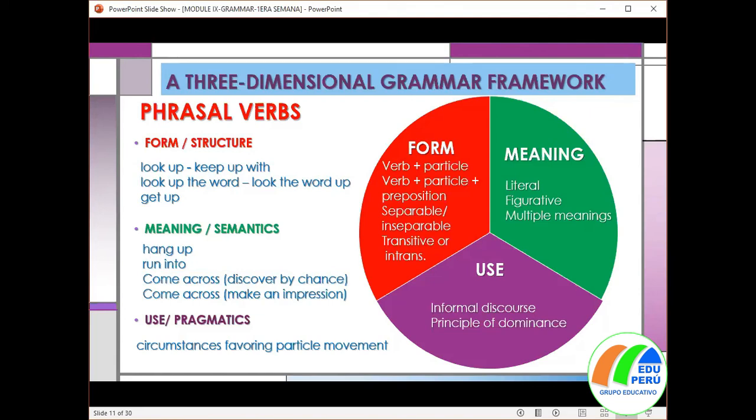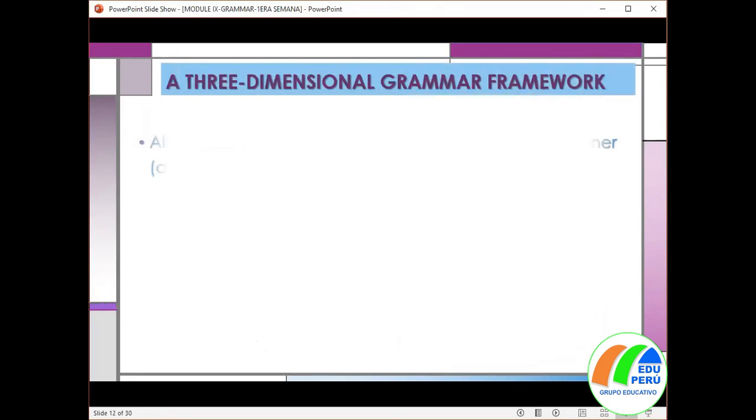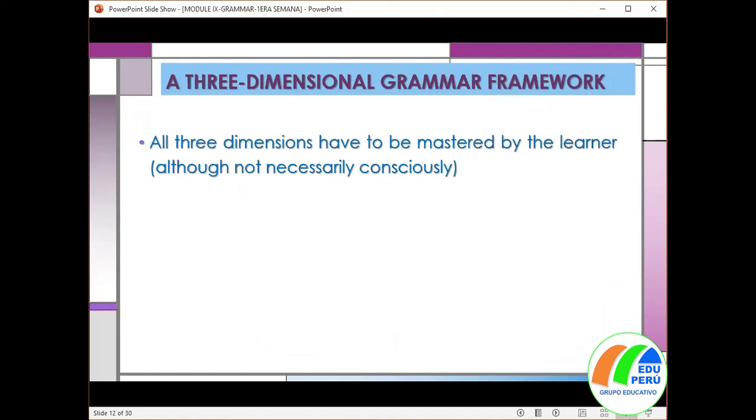Don't forget. So notice here the different aspects when we analyze the grammatical structure. We analyze the form, the meaning, and the use. Don't forget about these three aspects. Okay, now, all three dimensions have to be mastered by the learner, although not necessarily consciously.